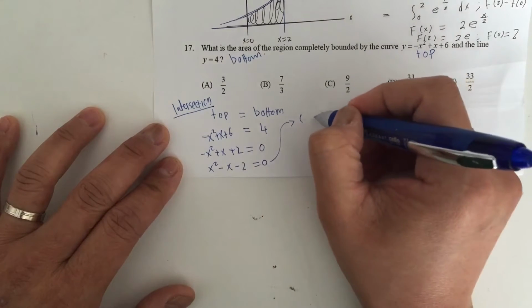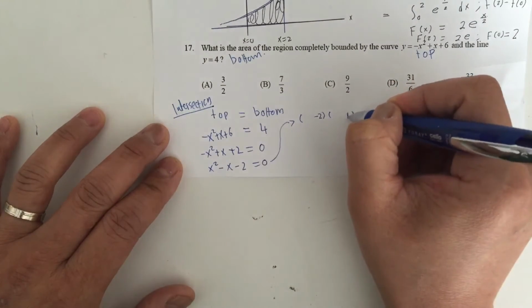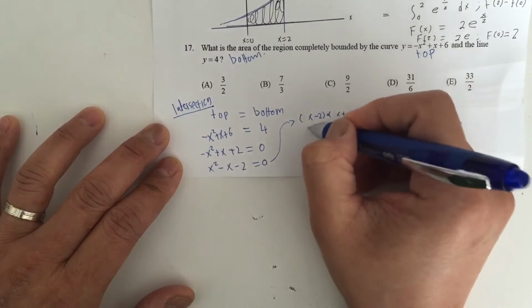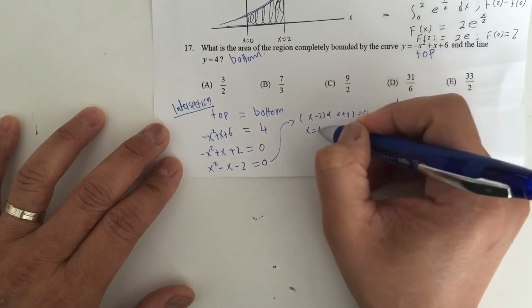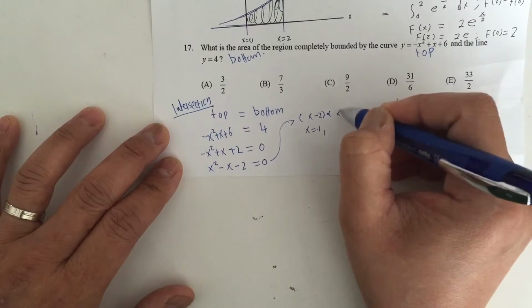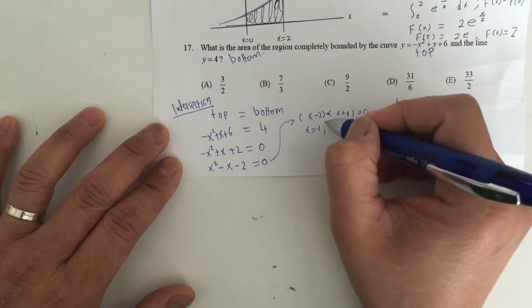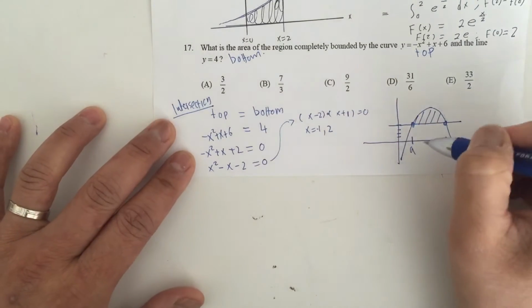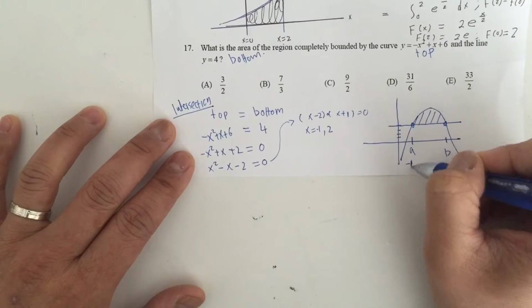Those two numbers are -2 and +1. So x minus 2 and x plus 1. Setting each binomial equal to 0, when you solve for x, you get x equals -1 and x equals 2. So the boundary will be -1 and 2.